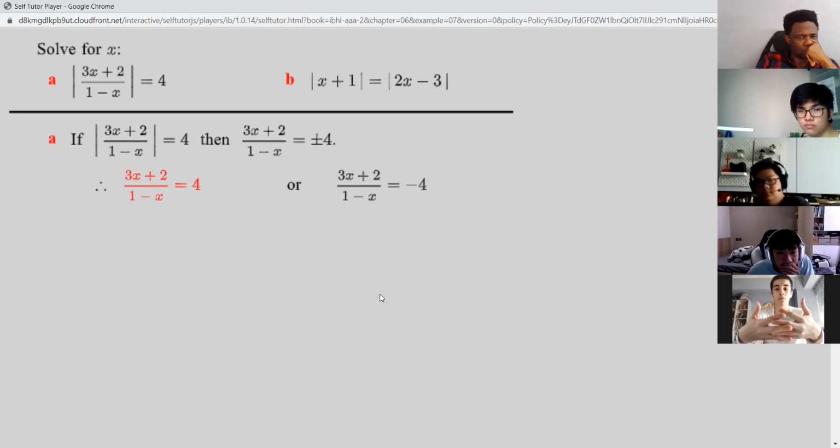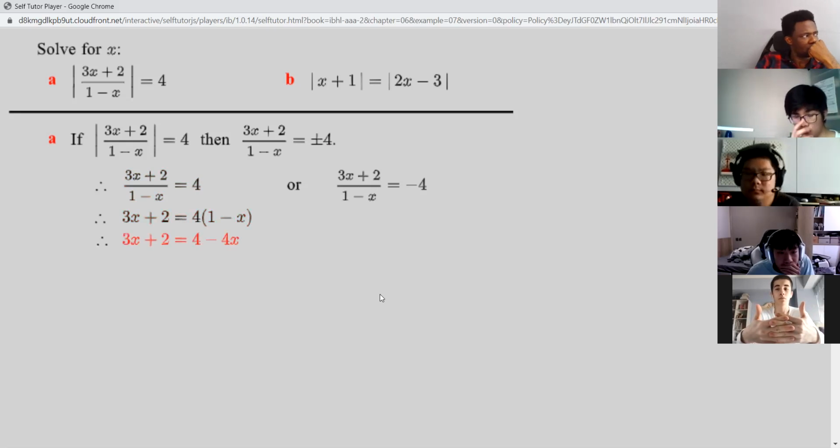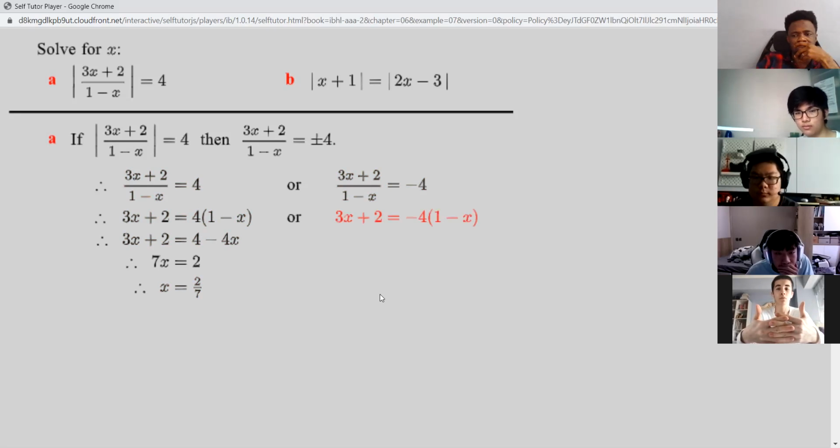First, suppose the fraction is 4. We multiply both sides by 1 minus x, expand the brackets, then solve the linear equation for x. Next, suppose the fraction is minus 4. We multiply both sides by 1 minus x, expand the brackets, then solve the linear equation for x. So, x is 2 over 7, or 6.